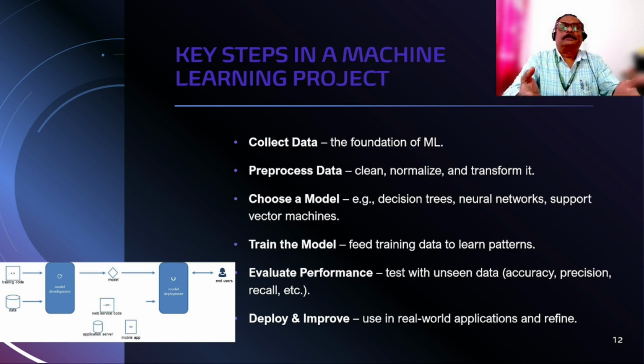So use it, give new inputs, check the output, feed back these input output combinations, and evaluate the performance of these newly generated outputs, and see how well your model is performing. If you find that the model performance is deteriorating, then we need to refine the model, retrain the model, add new inputs to the data set, and then retrain it again. So these are the key steps involved in a machine learning project.